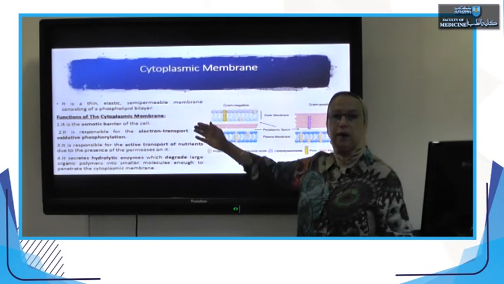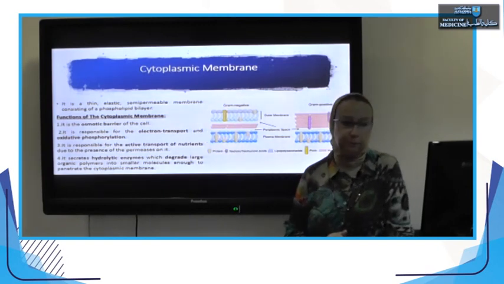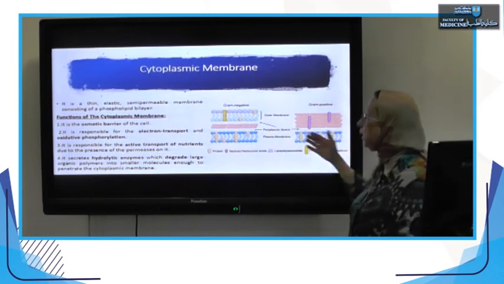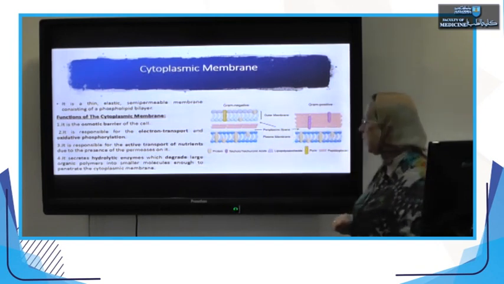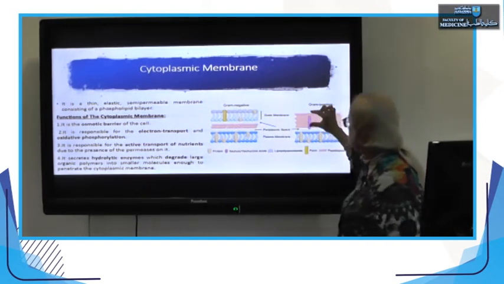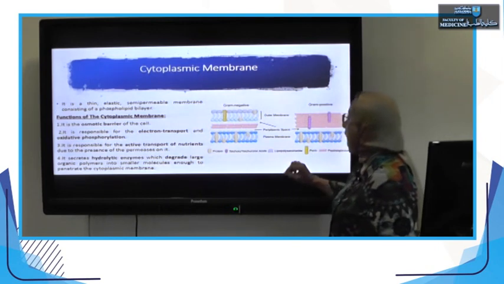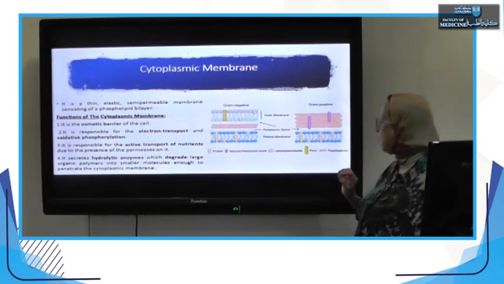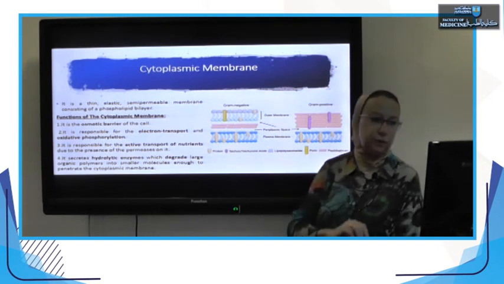The function is taken by the cytoplasmic, or cell, membrane. This diagram again shows differences between gram-positive and gram-negative bacterial cells, the thickness of the peptidoglycan here, and this is the cytoplasmic membrane, the so-called phospholipid bilayer.